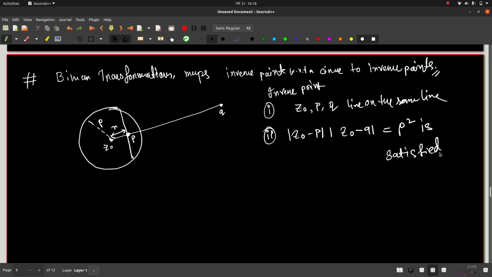This is some high school geometry: you take this distance, let's say small r, and this distance, let's say capital R, then capital R times small r equals the square of the radius of that circle. In that case, they will be called inverse points. P and Q are called inverse points with respect to this circle, and they are inverse to each other.